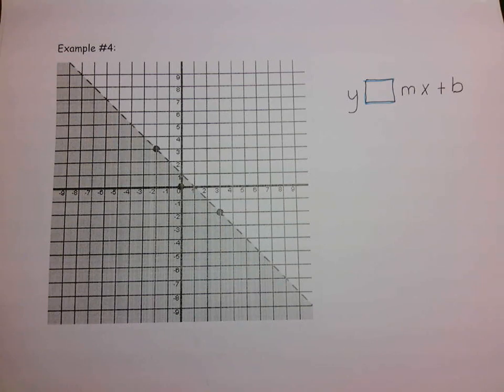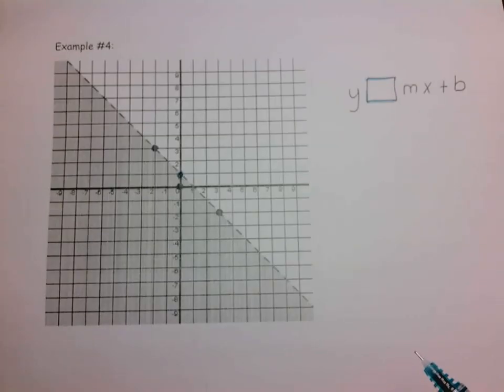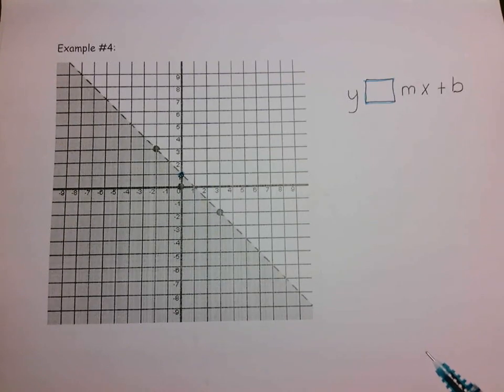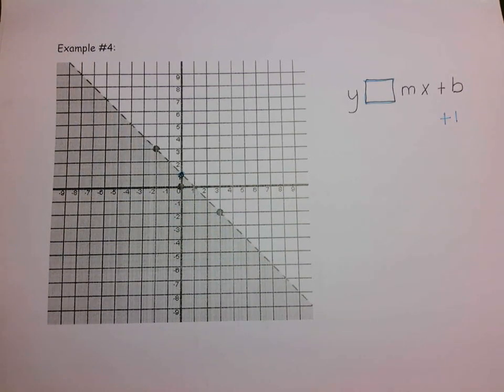Where do you start? Well, the first thing you need to do is identify what's the b, what's the y-intercept. And here the y-intercept, or the b, is +1. So you know this is going to be +1. Okay, well, what's the next thing you need to do? You need to identify the slope, or the m.